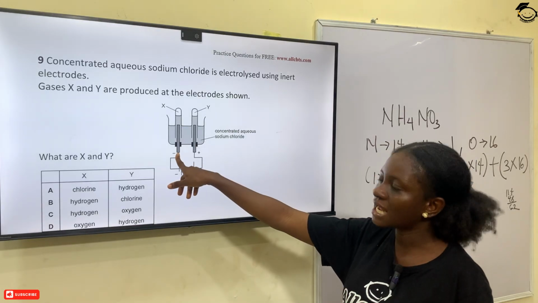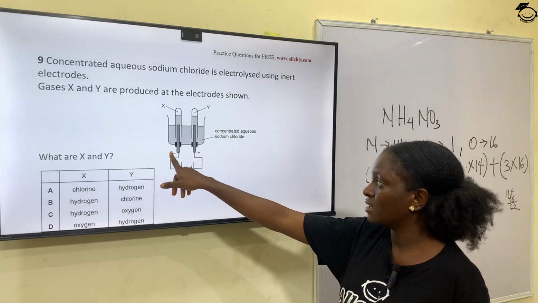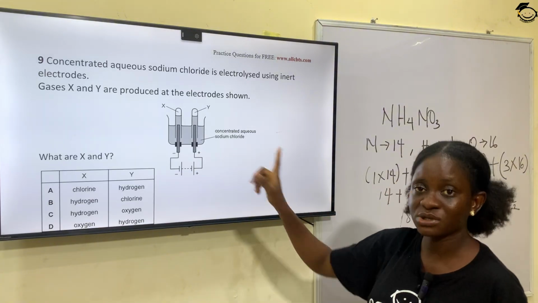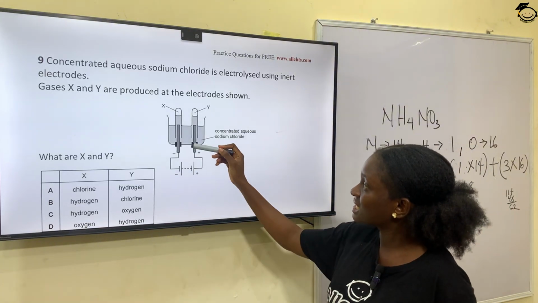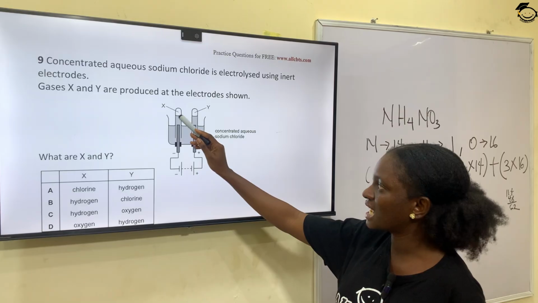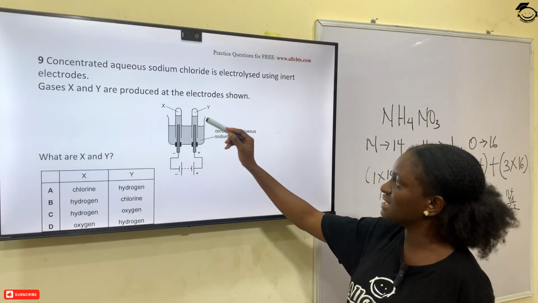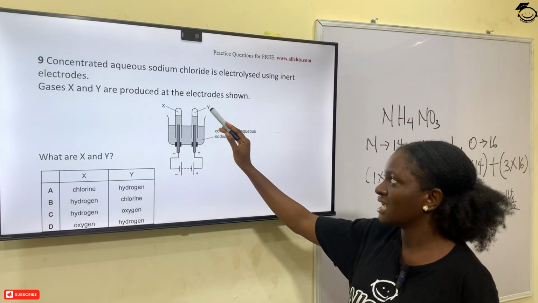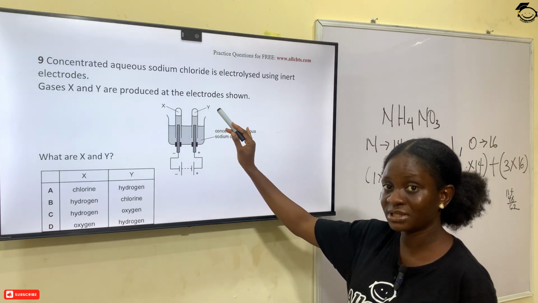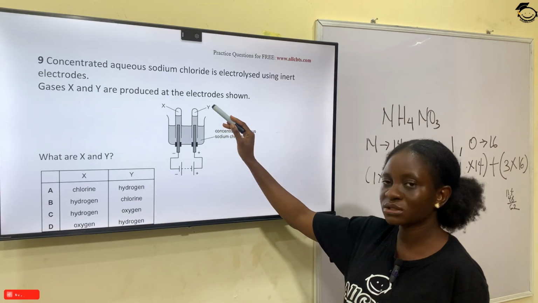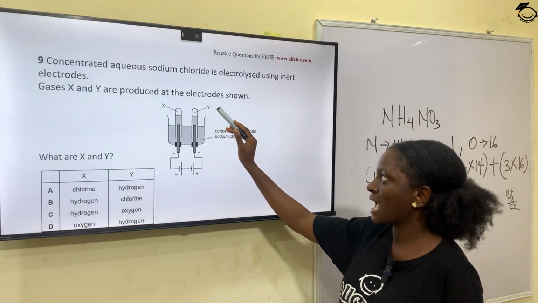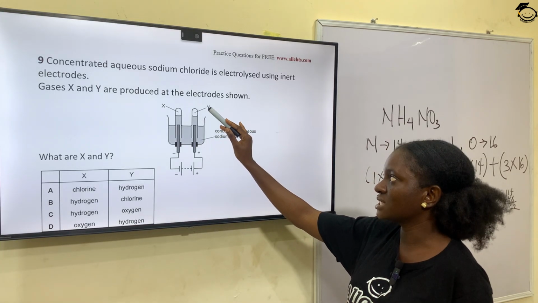At the cathode, which is negatively charged, and the anode, which is positively charged. The gas that is liberated at the cathode is hydrogen, while at the anode, the gas that is liberated here is chlorine, from the chloride ion. So chlorine is liberated at the anode here, which is Y.